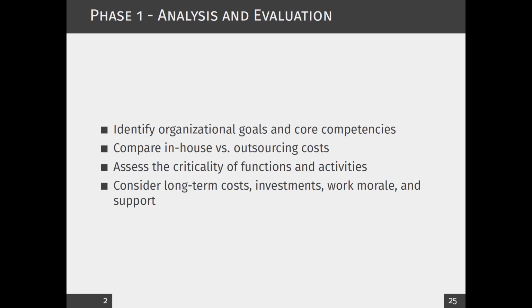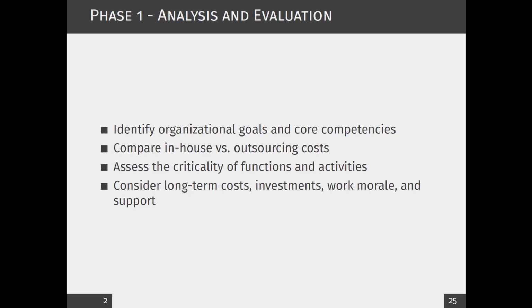So we have to consider these costs and calculate what will be the cost in-house and the cost if you are going to give it to outside, right?